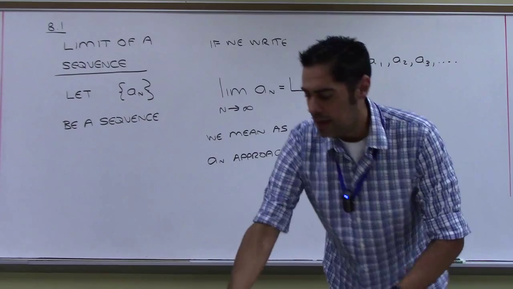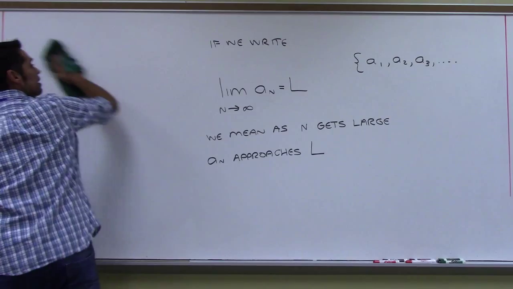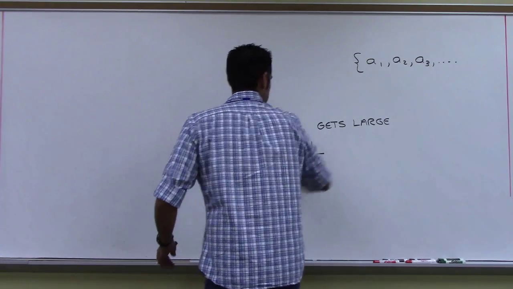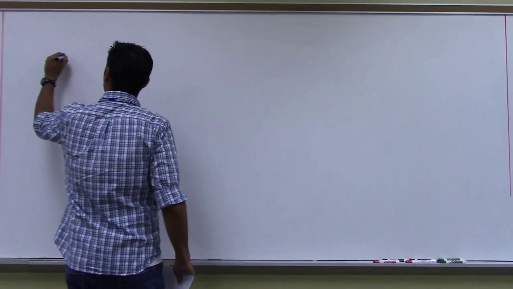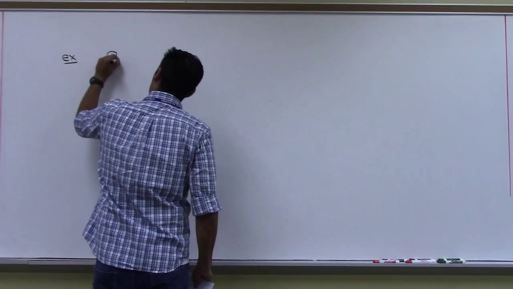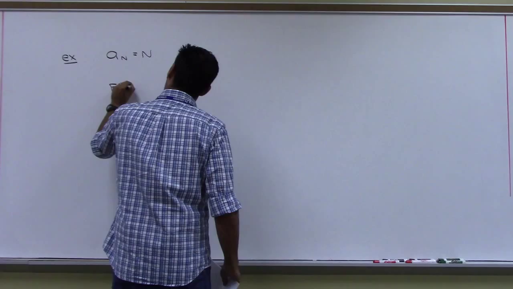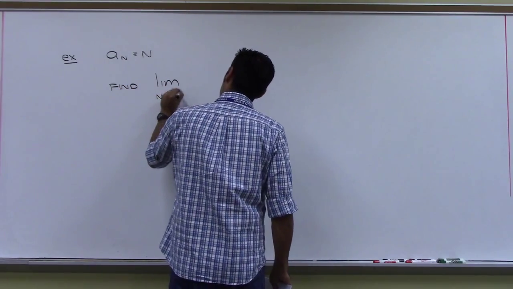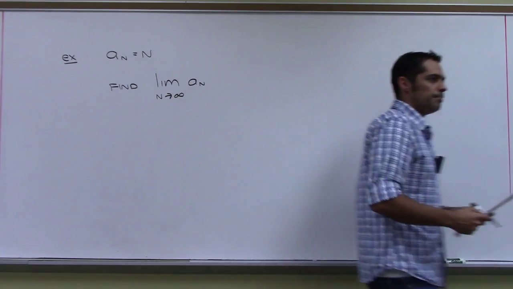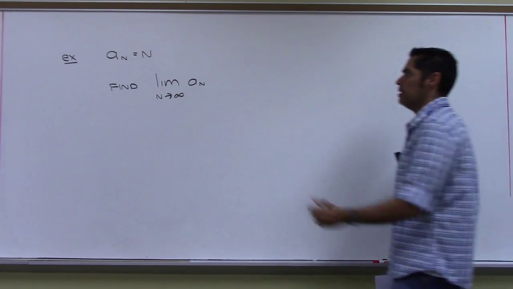Now, I'll give you a couple of examples of limits of sequences, and you can see how we're going to utilize a lot of what we did in Cal 1. As an example, let's take the sequence a sub n equals n. I want you to find the limit as n goes to infinity of a sub n. Let's not make this more complicated than it has to be.